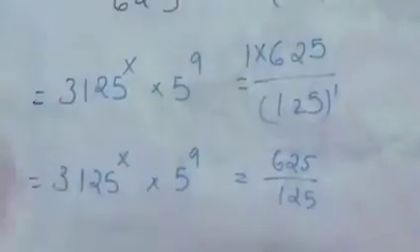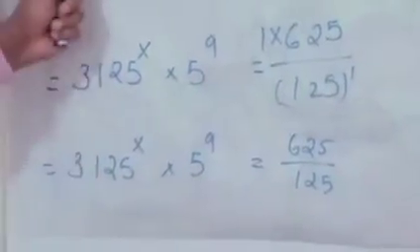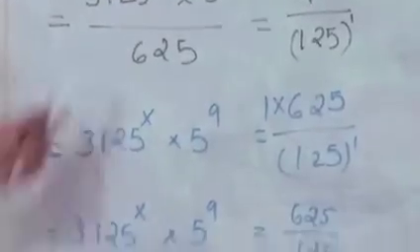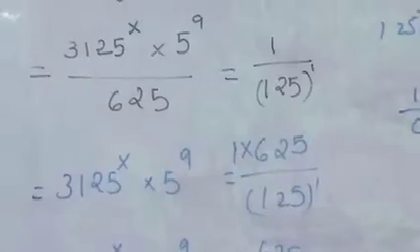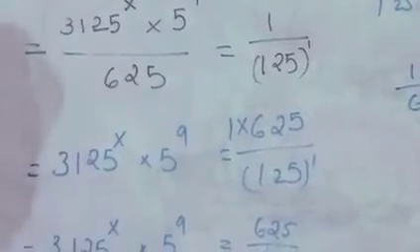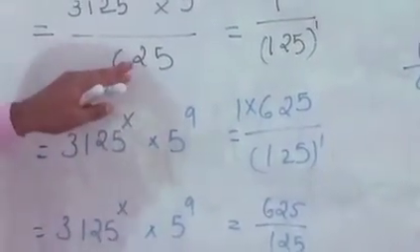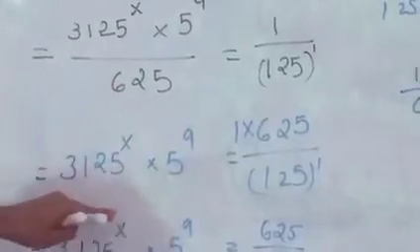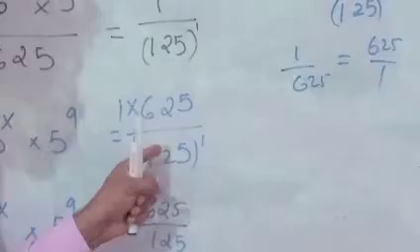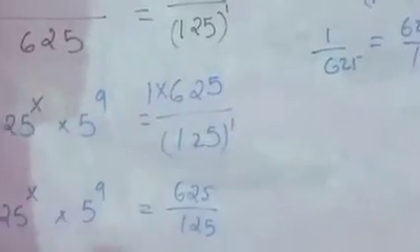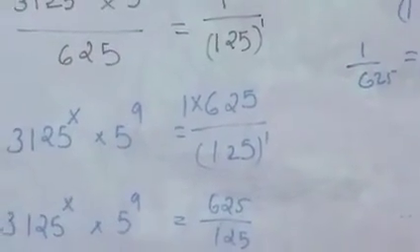The third step again: 3125 raised to the power x into 5 raised to the power 9, the same thing I wrote like this. Now what I did, the 625 I took from the left hand side to the right hand side, then the divide 625 becomes into 625. Understood?